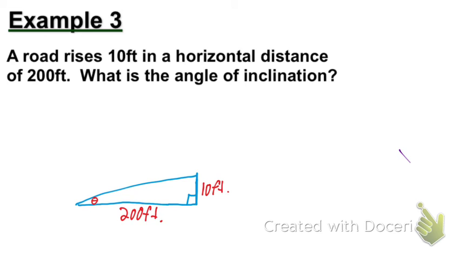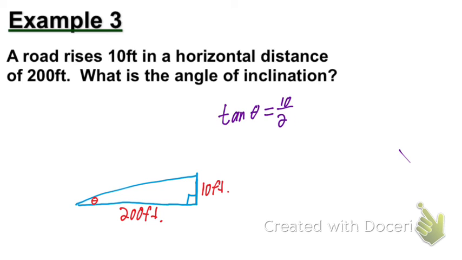I'm going to have us back up a few steps here. Tangent of theta equals 10 over 200.